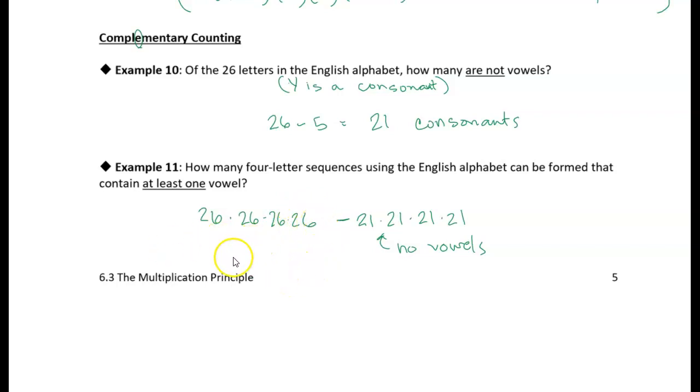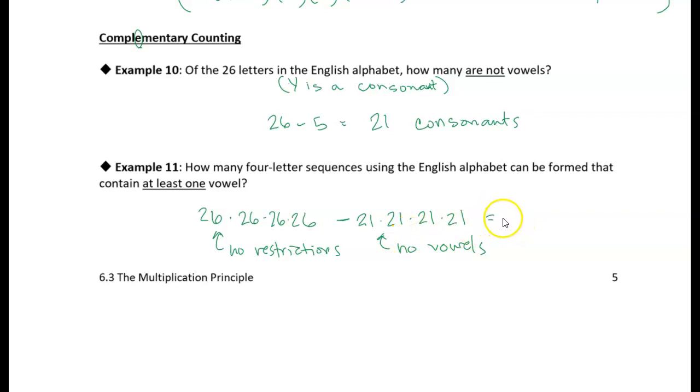That would give us the number of ways with no restrictions. And then we can just subtract, right? We take 26 to the 4th power minus 21 to the 4th power, and we'd get our answer.